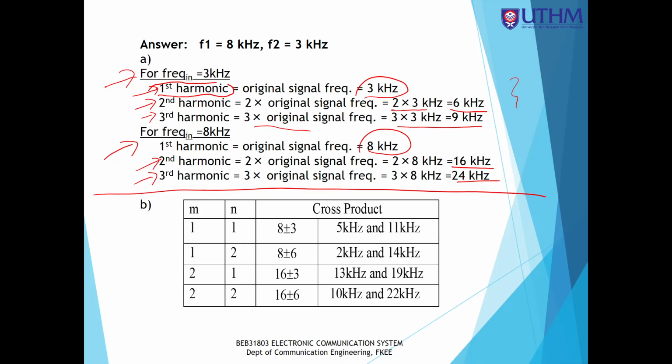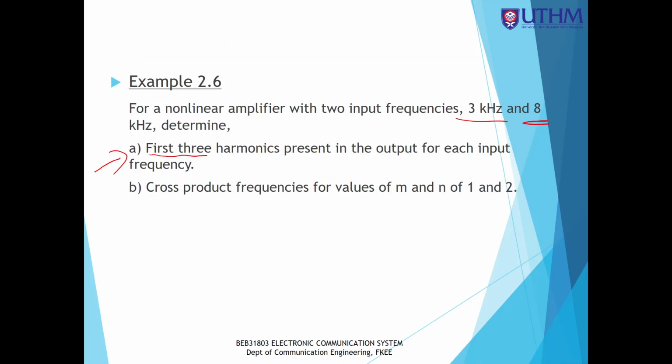So these are the locations of the harmonics. There are small amplitudes of noise located at these frequencies. Then the second question is about the cross product. Calculate the cross product frequencies for values M and N, 1 and 2.